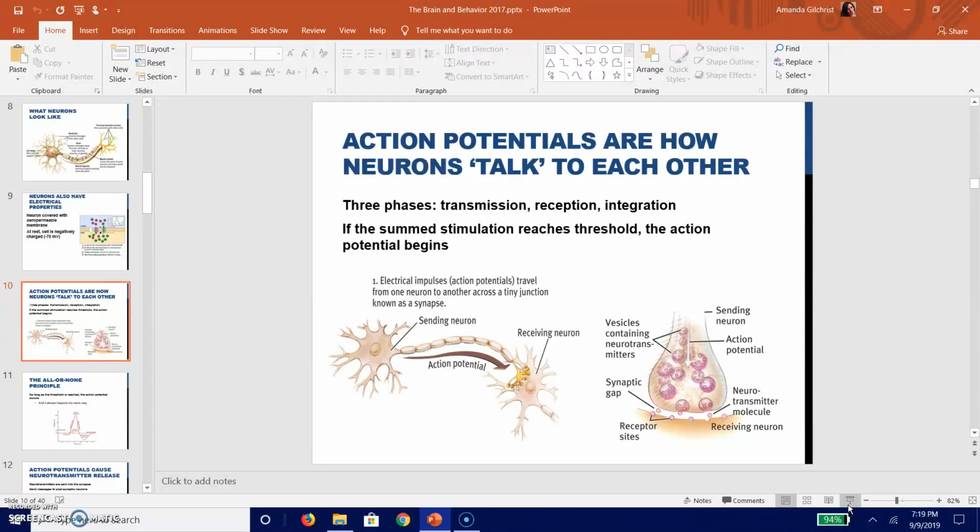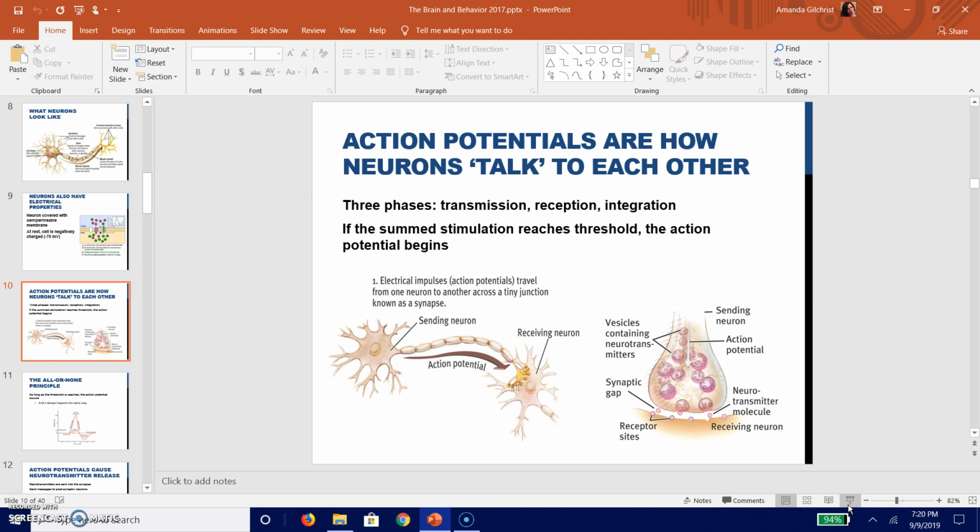There are 86 million, if not more, different connections, 860 million, if not billion, of connections being formed between your billions of neurons, which means that at any given point, a neuron is communicating with possibly hundreds or even thousands of other neurons.